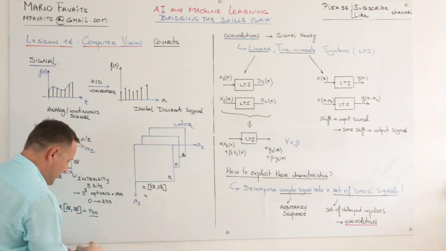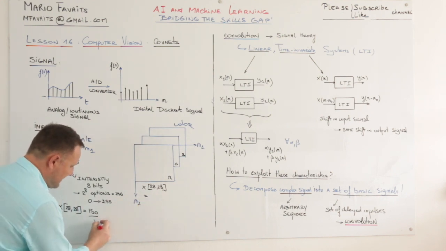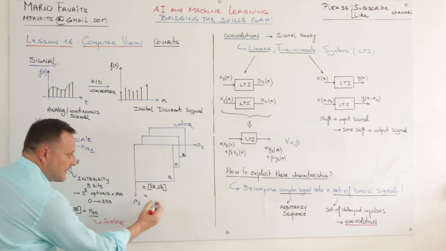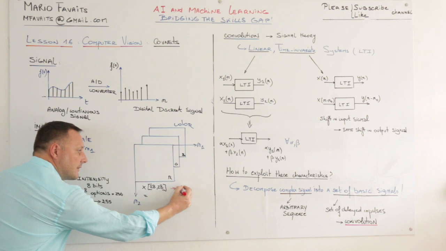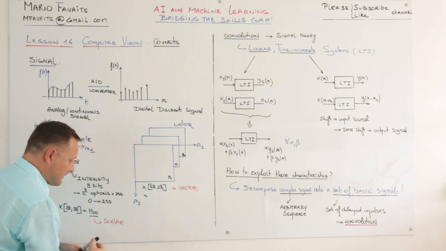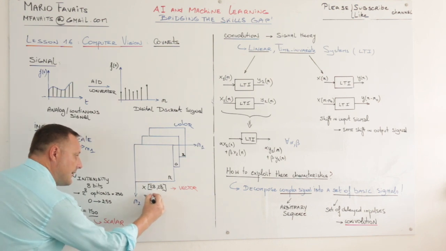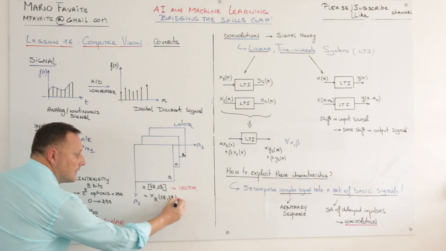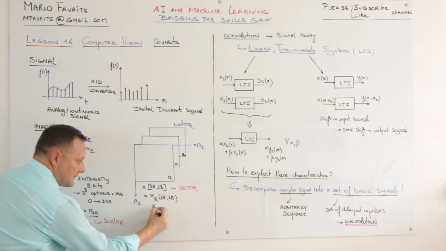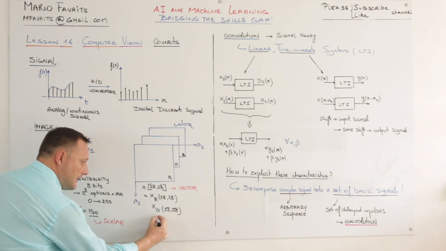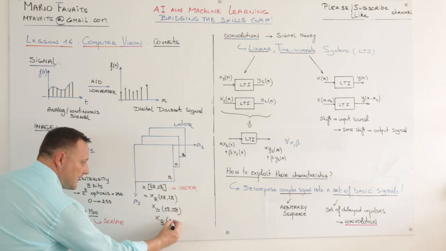All right, when we look at a color image, we can again look at x 28, 28. In the grayscale case, this is a scalar, it's just a number. But in this case, this will be a vector of x red 28, 28, then x green 28, 28, and then x blue 28, 28.